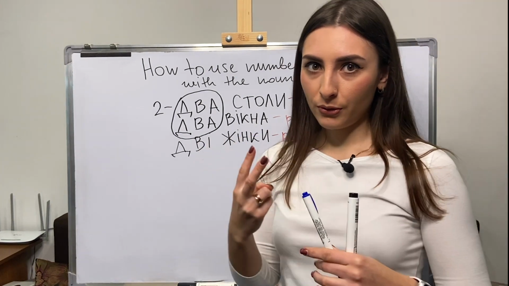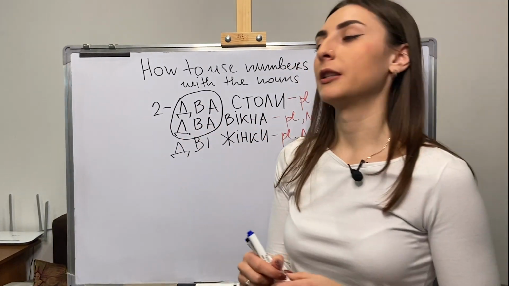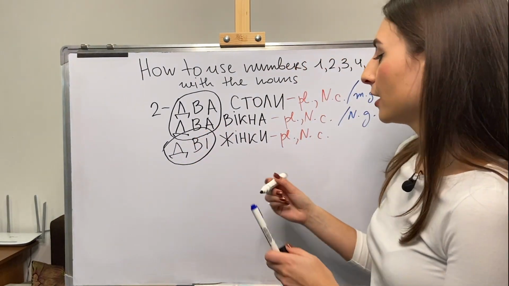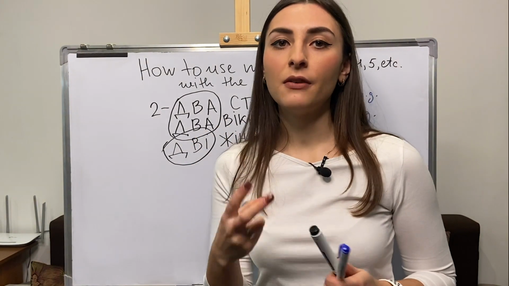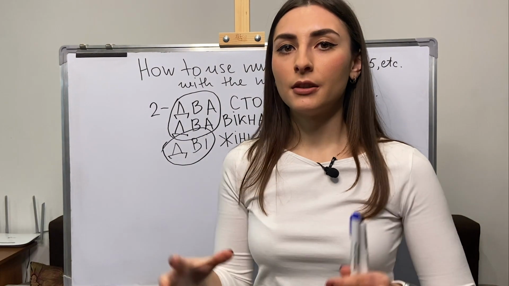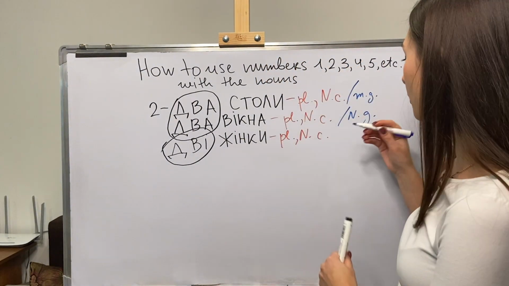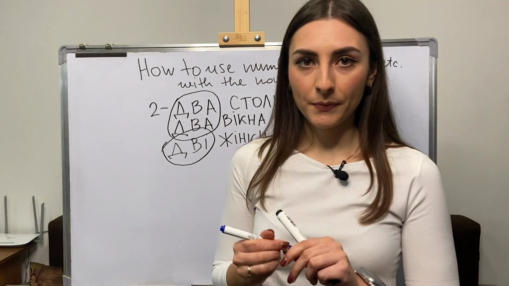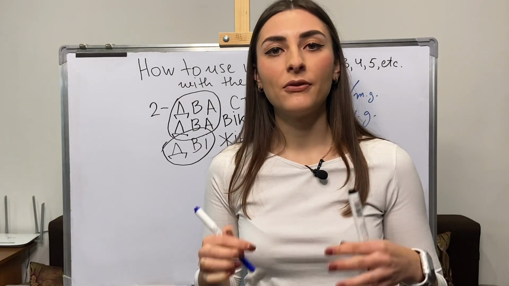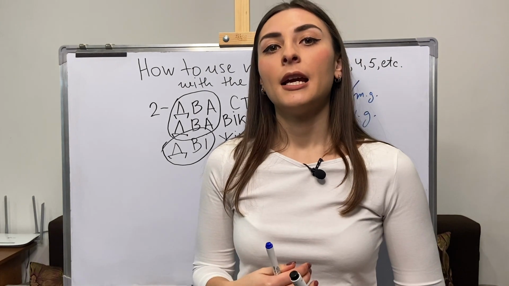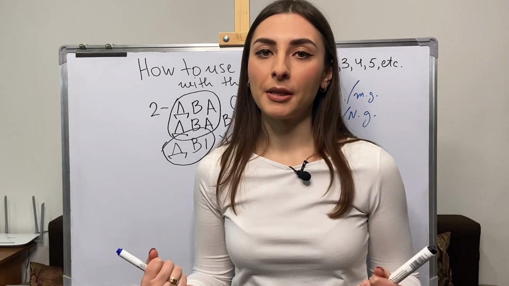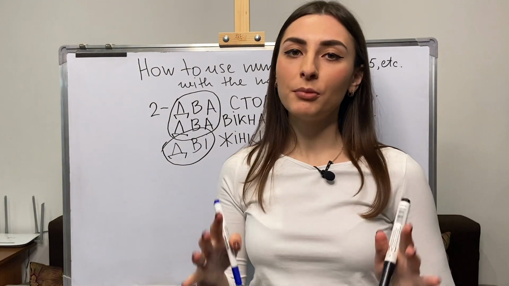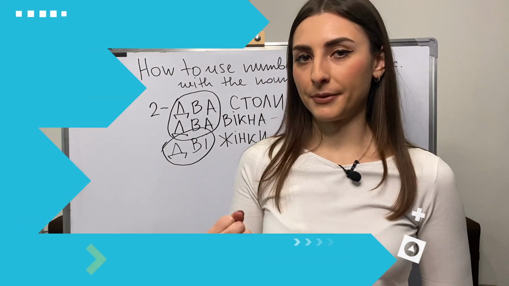This form дві, like дві жінки, we use with feminine gender nouns. Жінка, a woman, is a feminine gender noun. In plural, жінки, women. So with it, we use the form дві. So number 2 has 2 forms.